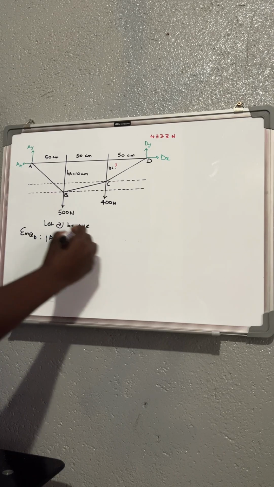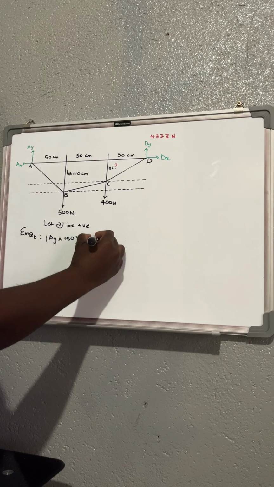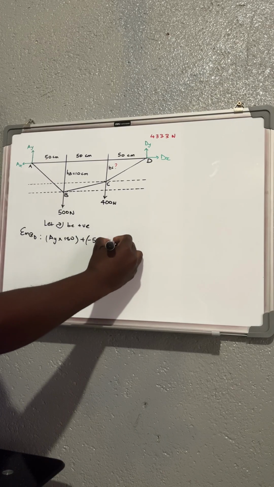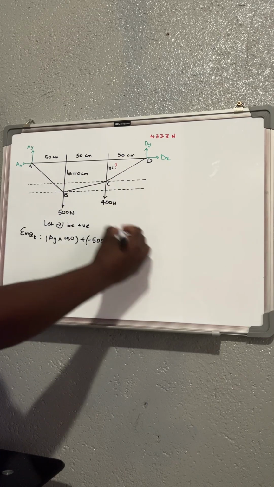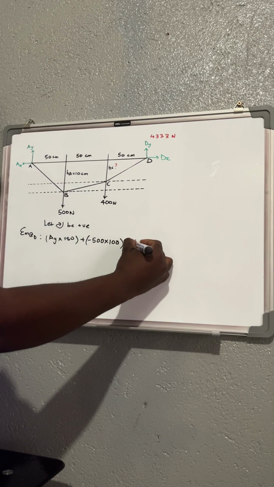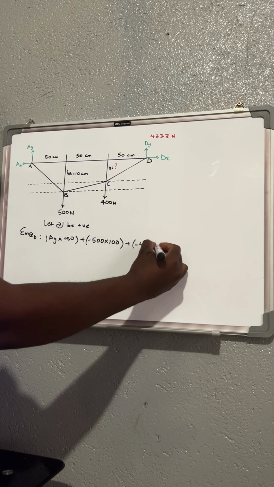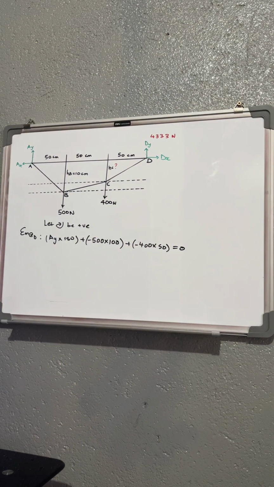Then plus, we have this one which is going in that direction, which is a negative direction because it's anti-clockwise, by the 100, which is the distance between here to here, plus the 400, but this one is going in a negative direction. It's going to be negative by 50. Then this would be equal to 0.